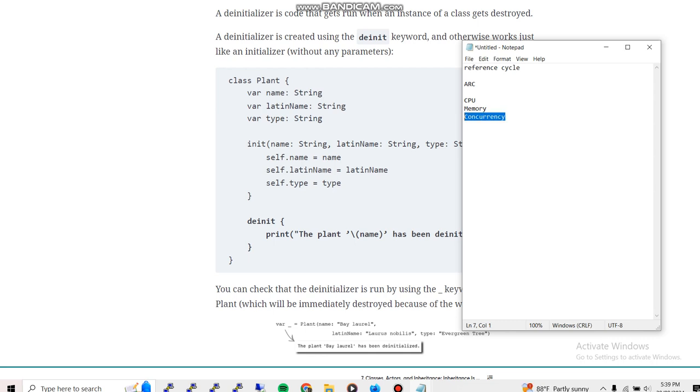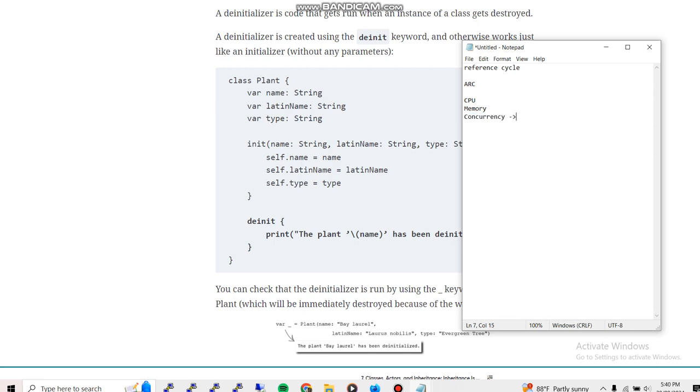Those three things are very useful because CPU, memory, and concurrency are the only way the computer runs its values and also works with values, right? So when we have a references issue, we have to see if we can improve it using actor, right?